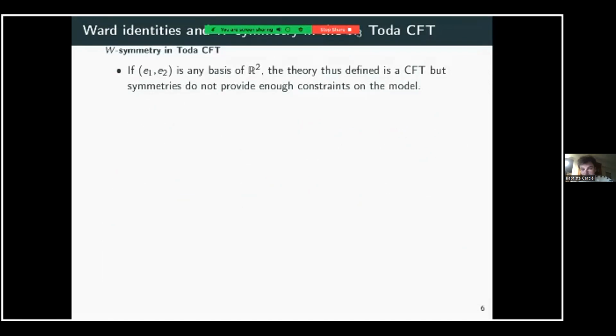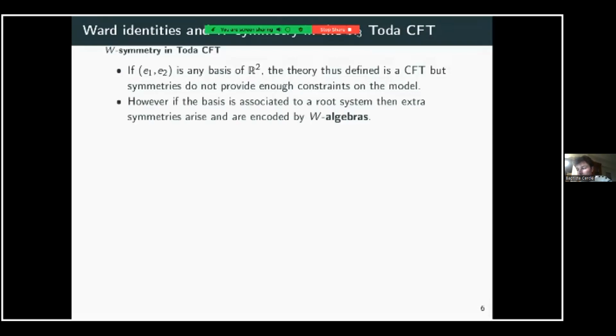In general, if you take any basis, the model that you will work with will be a conformal field theory, but the conformal invariance does not provide enough constraints to understand the model. You need to have additional constraints on the model to understand it, and these additional constraints can be added by considering a special basis of R2.